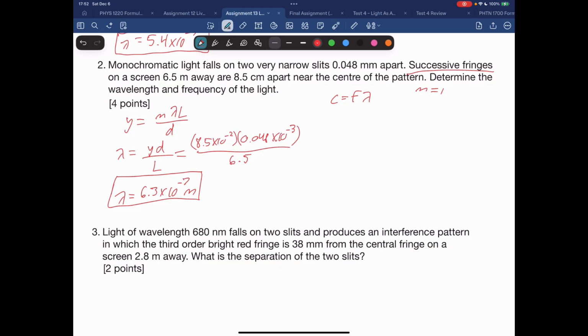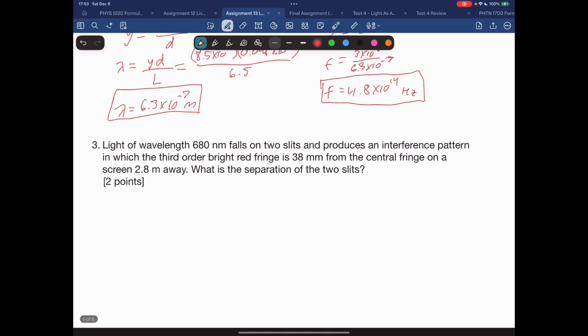We are looking for a frequency, which is equal to c over lambda, which is equal to 3 times 10 to the 8 over 6.3 times 10 to the minus 7, which gives us a final frequency of 4.8 times 10 to the 14 hertz. So that was question 2.